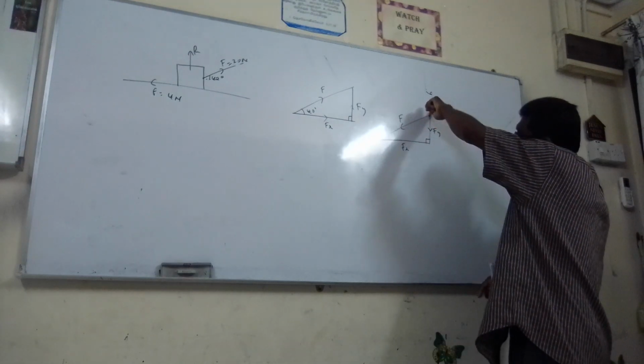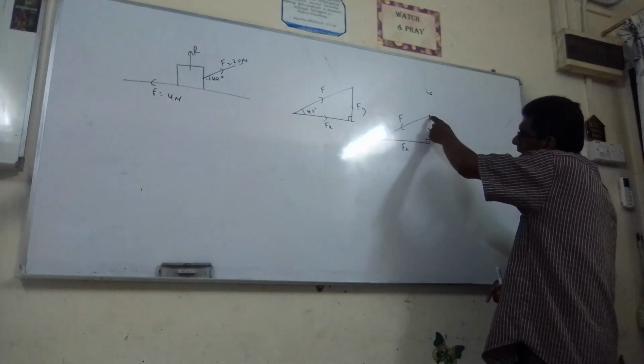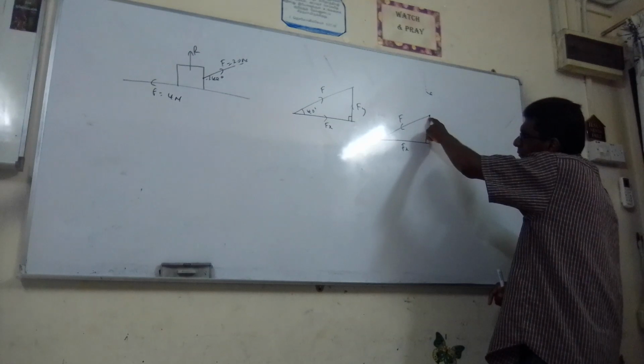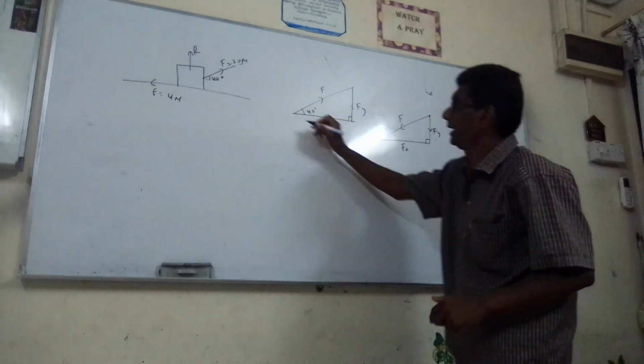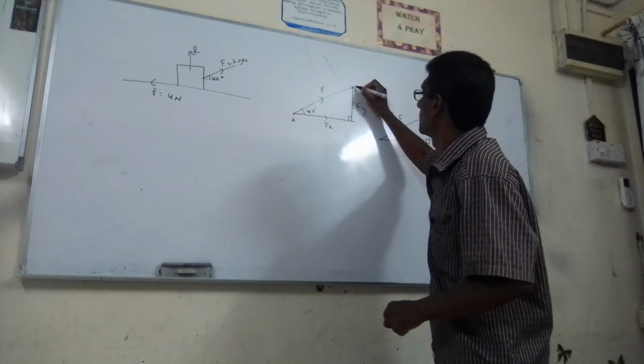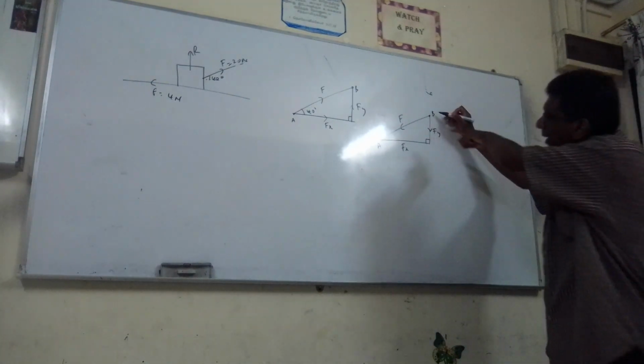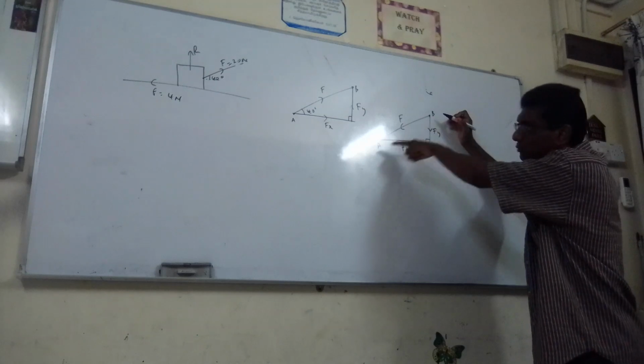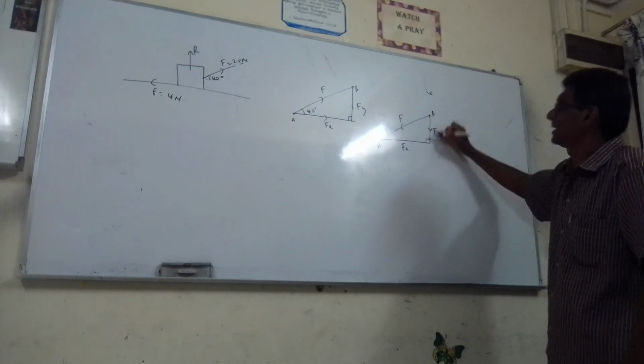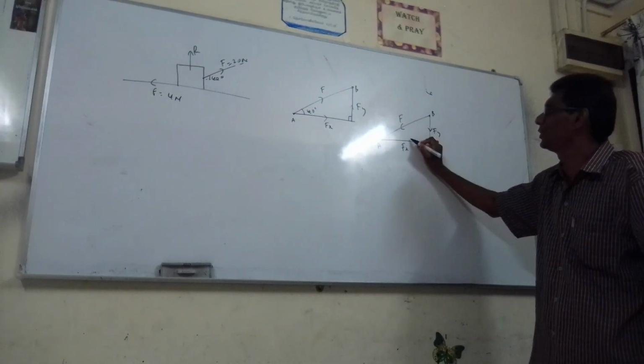Let's say this is point A and this is point B. From point B the force F is coming towards, and from point B there is another Fy, and Fx continues from there.